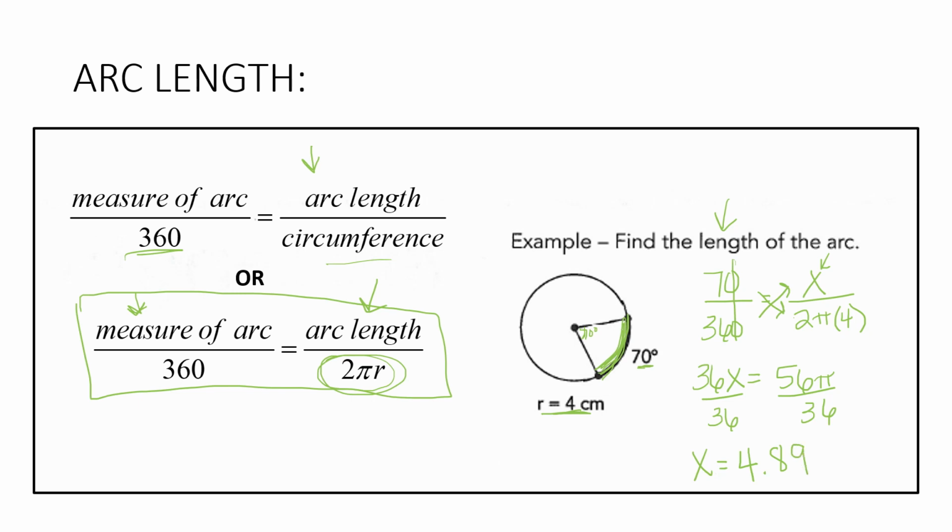So the arc length that we just found here would be 4.89, with a good label would be centimeters. So again, up until the point of typing in your calculator, leave pi in there until the very end when we're trying to find our final answer. Before then, you're just going to be rounding too many times. So for this first example, again, the arc length that we found is 4.89 centimeters.